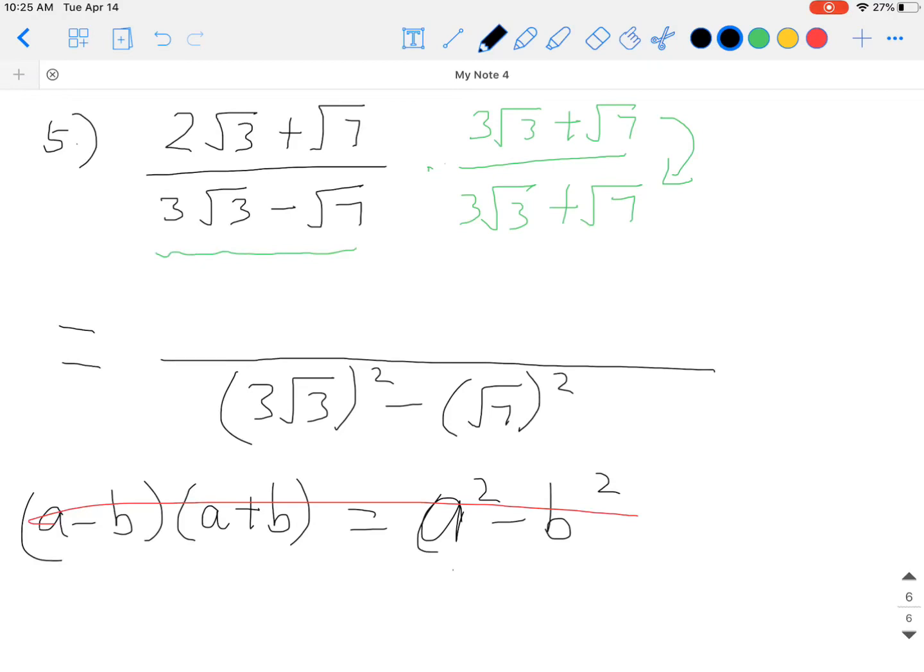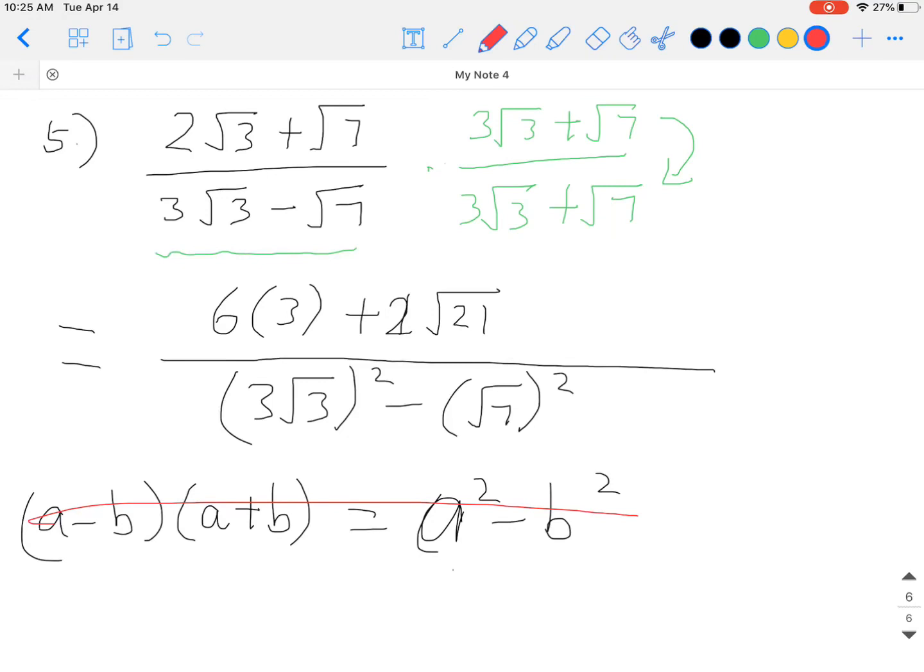So 3 radical 3 times 2 radical 3 is 6 times 3, because radical 3 times radical 3 is 3. And then after is plus 2 radical 3 times radical 7, which is radical 21.